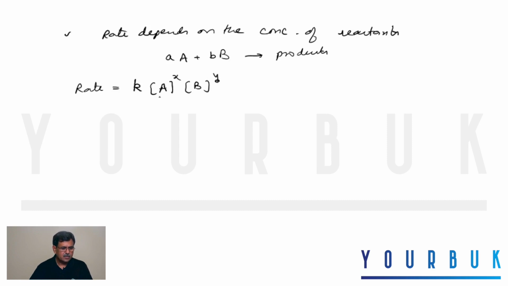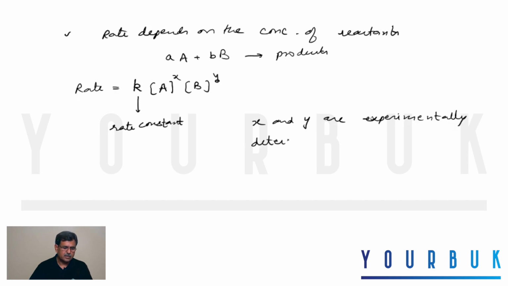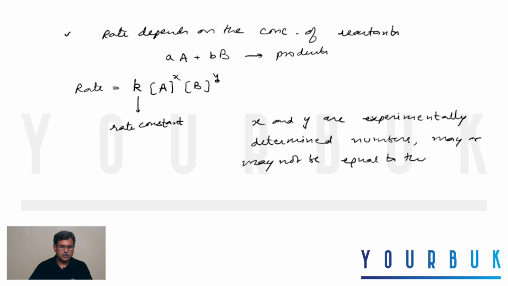Now, in this equation, k stands for the rate constant, velocity constant, and x and y are experimentally determined numbers, which may or may not be equal to the stoichiometric coefficients.